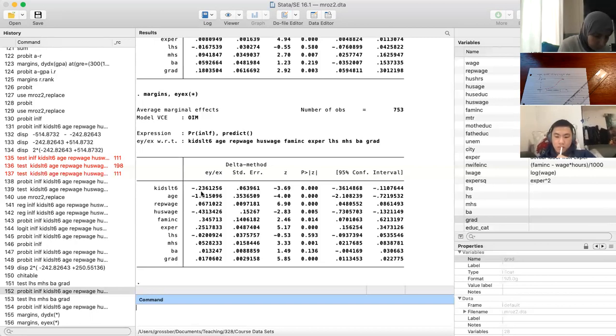Professor, you said if age goes up by 1%, the probability goes down by 1.4%? Yeah, probability goes down, that's the dependent variable, by 1.4%.